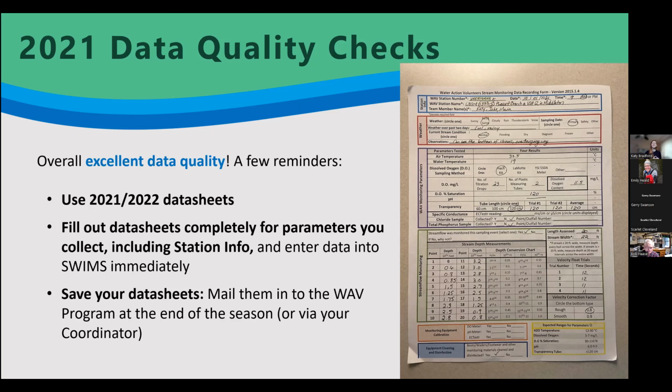We ask you to either send them to your coordinator or mail them in directly to us, and your coordinator will mail them to us as well at the end of the season. That's what we use to help us do our data quality checks. But data quality was excellent, and we only have a few reminders sprinkled throughout today's training that are a result of things we saw during the data quality checks.